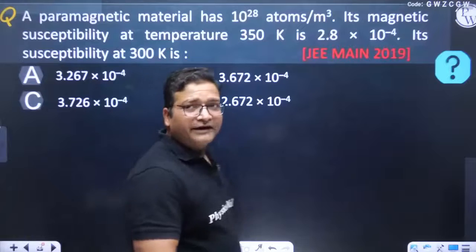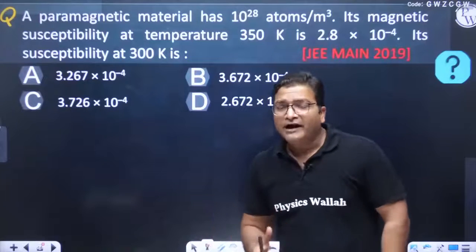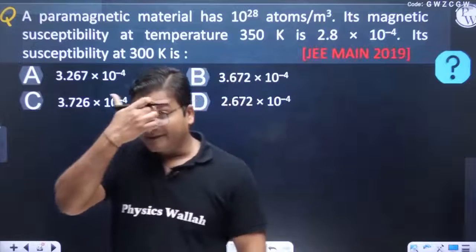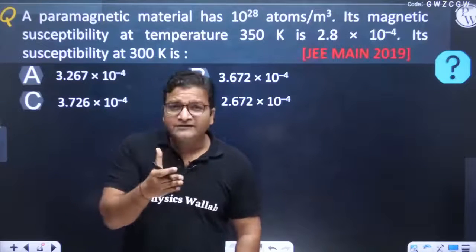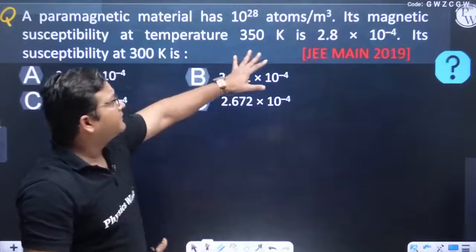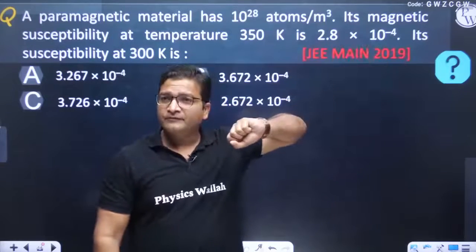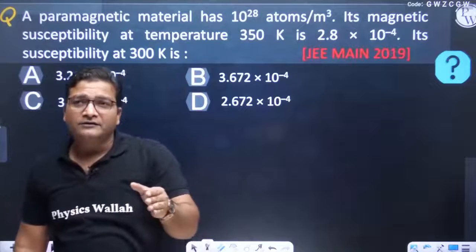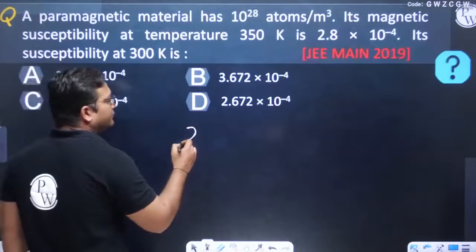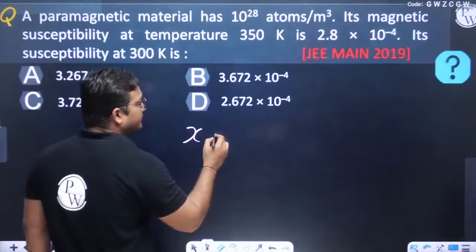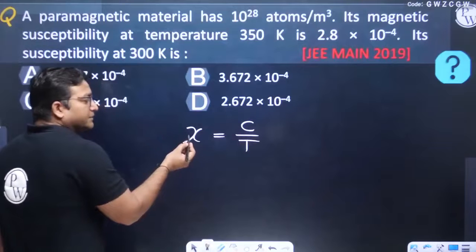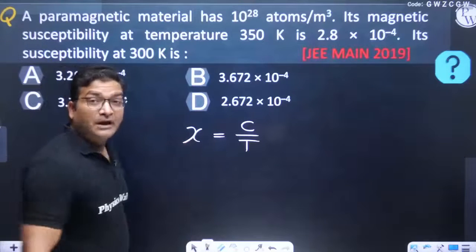Let us see what we have next. We now have a paramagnetic material and it has this much atoms per meter cube. Its magnetic susceptibility at temperature 350 Kelvin is 2.8 times 10 to the power minus 4. What is the susceptibility at 300 Kelvin? I think this question is very simple. As you know, for a paramagnetic material the susceptibility is equal to C divided by T, so susceptibility is inversely proportional to absolute temperature.